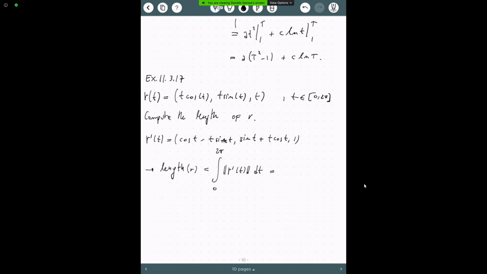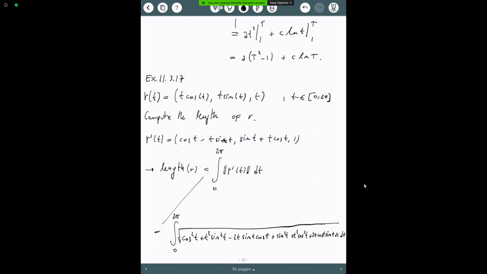So what is this? It's the square root of, we do all the squares, so we get cosine squared of t plus t squared sine squared of t minus 2 times t sin t cosine t, and then plus sine squared of t plus t squared cosine squared of t plus 2 times t cosine t sine t, and then we have plus 1, and everything is in dt.